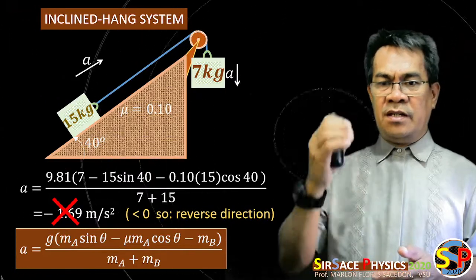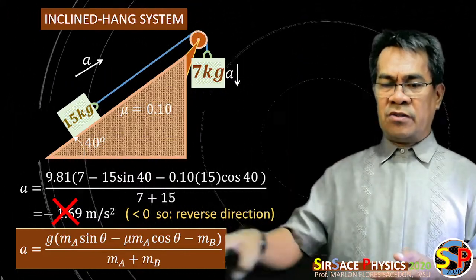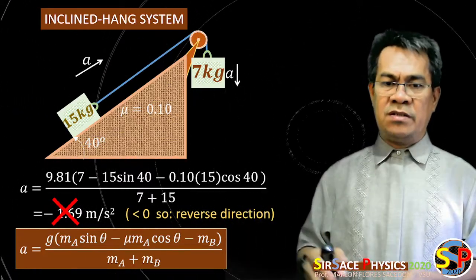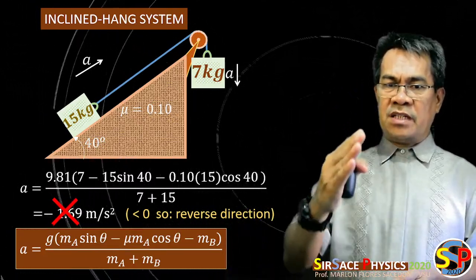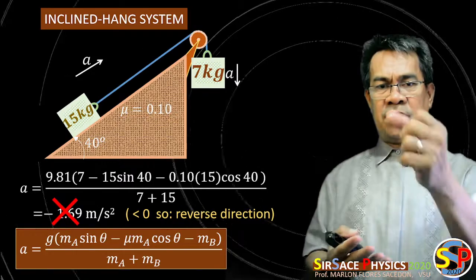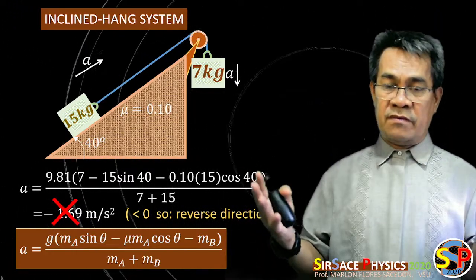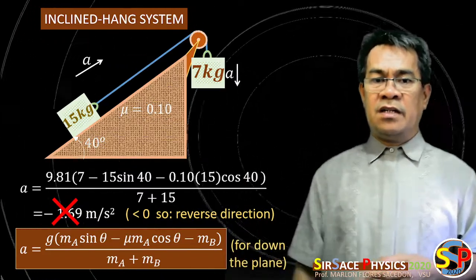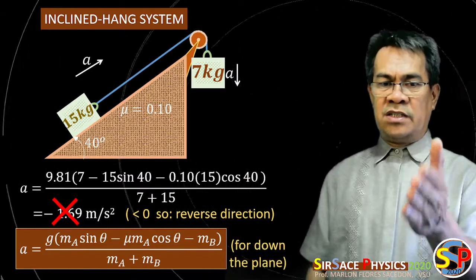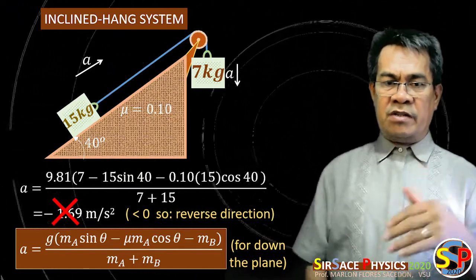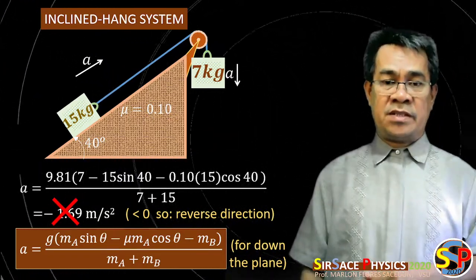The reason the object travels downward is the component of weight along the axis downward, subtracted by friction and subtracted by the weight of the hanging object. Very clear. So this is the formula if the particle moves down the plane of the incline-hang system.